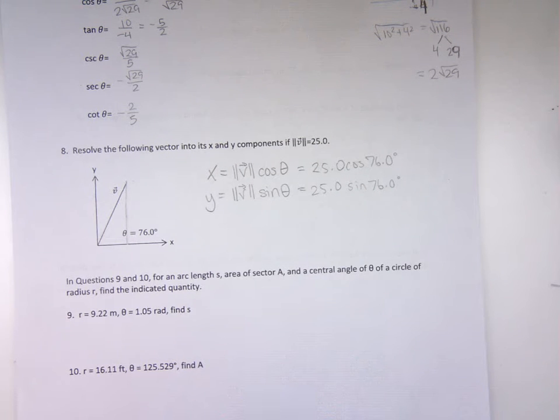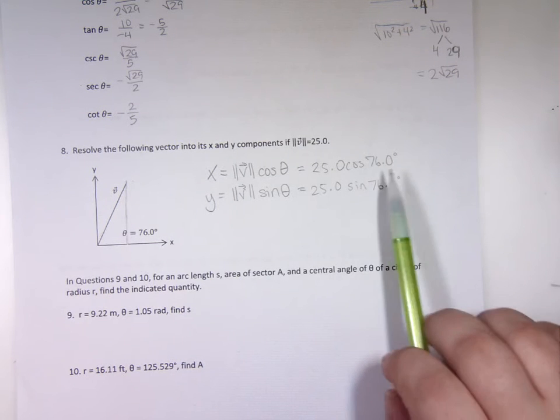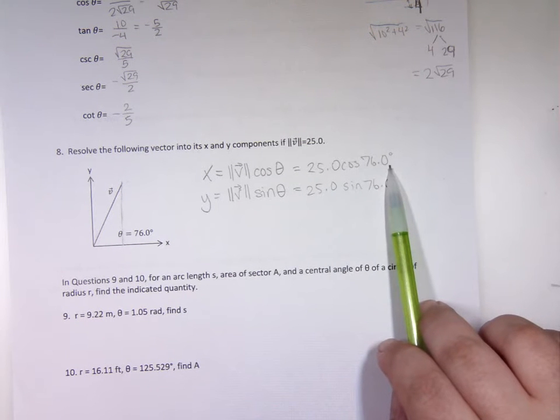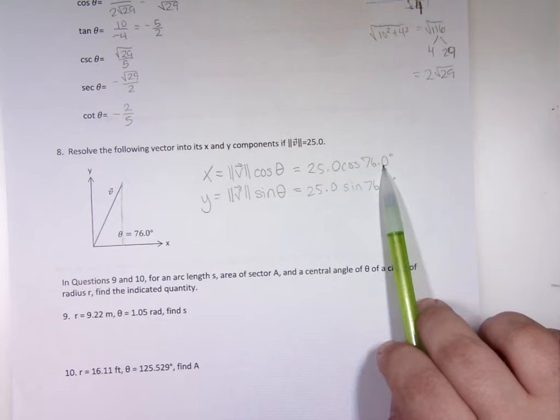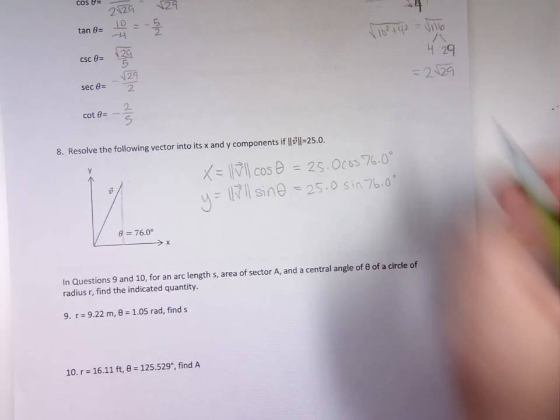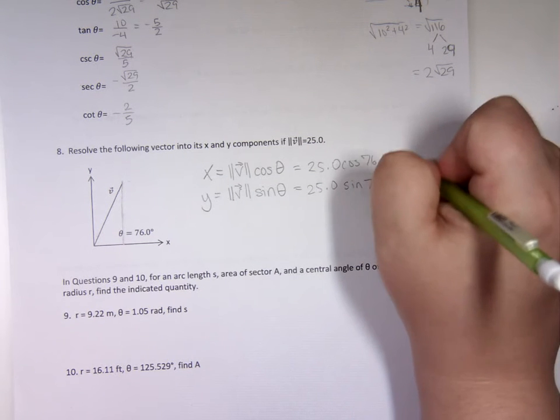So what do we get? Again, this has 3 significant digits, or again, it's measured to the 10th place, so we'll use 3 significant digits. So this is going to end up being 6.05.